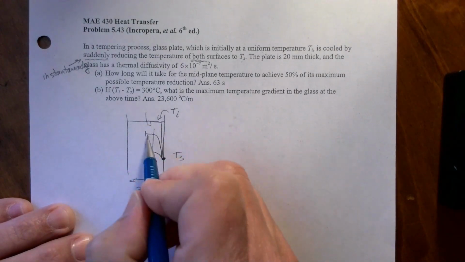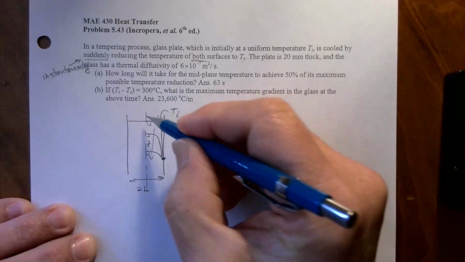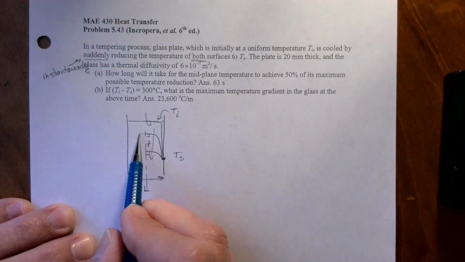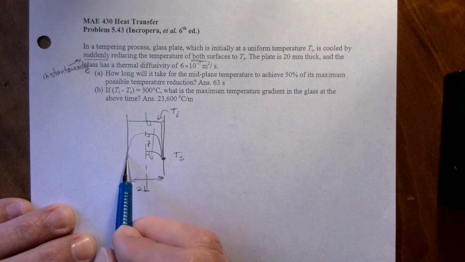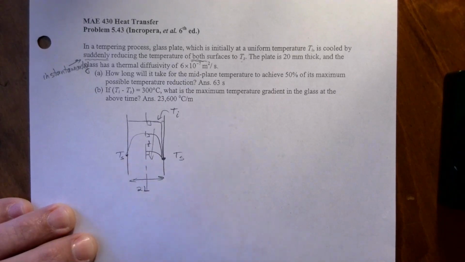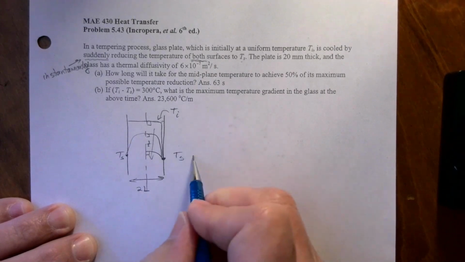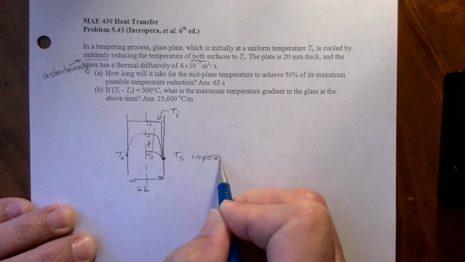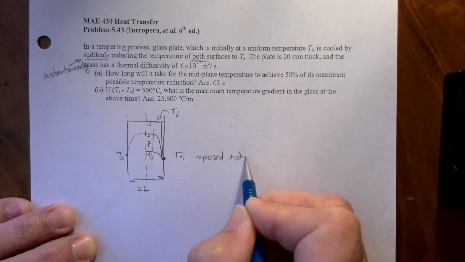Notice that I always have a 0 slope at x equal to 0. On the other side, it would look like a mirror image, where that would be the same Ts. I'm just not drawing that side. So Ts is imposed instantly.